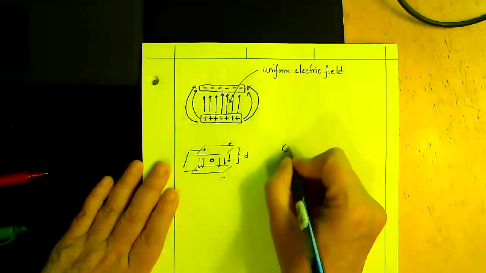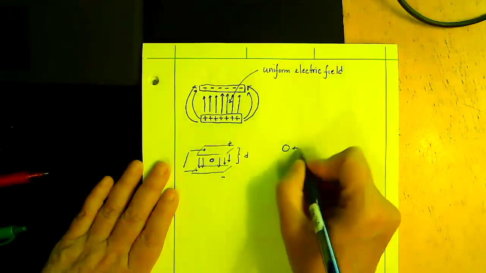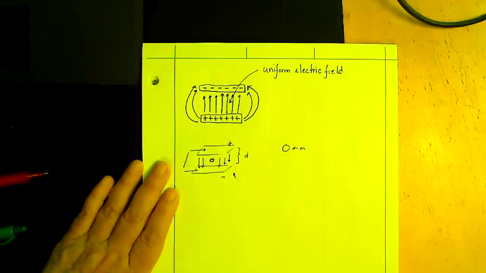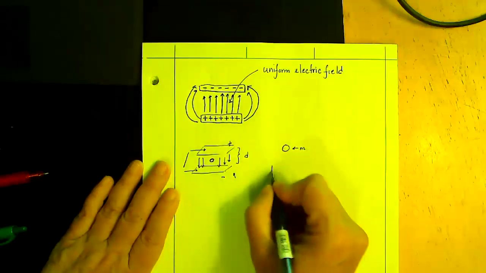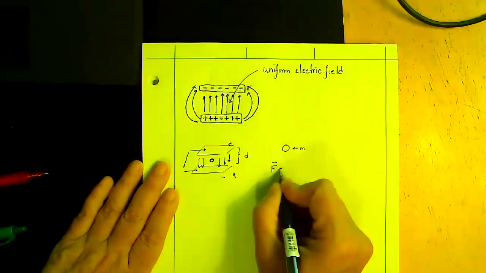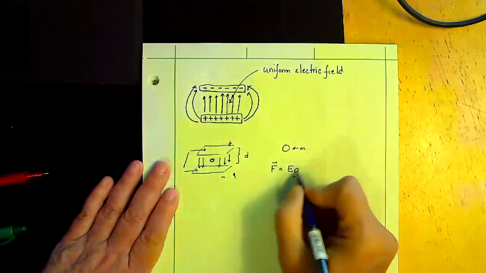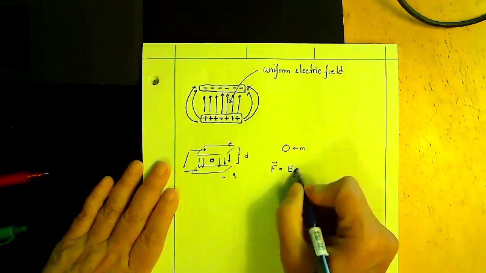And so depending on the mass of my object here, and if I know my electric field, I've just done a force balance. Okay, the force is going to equal my electric field times the charge, Q, right?